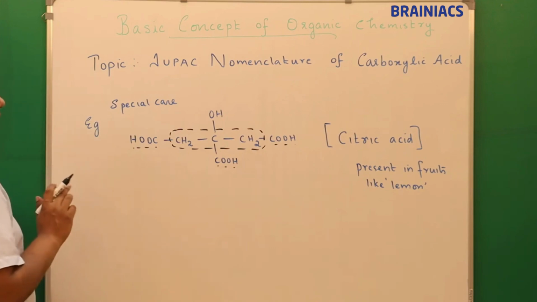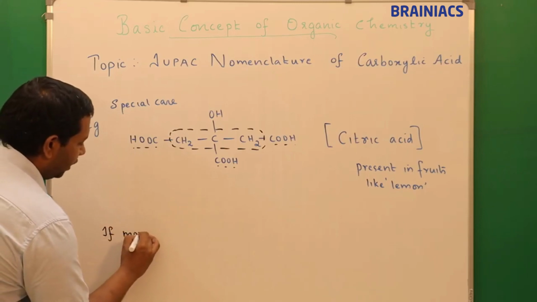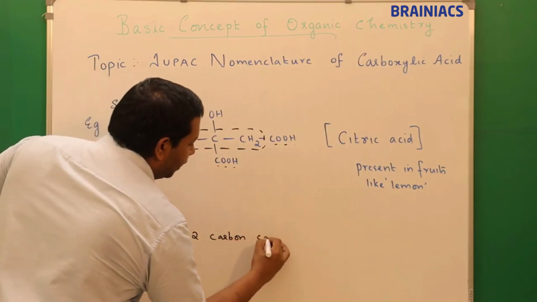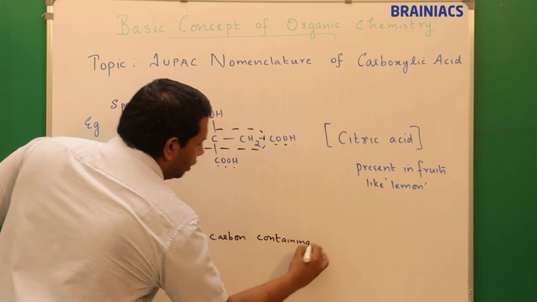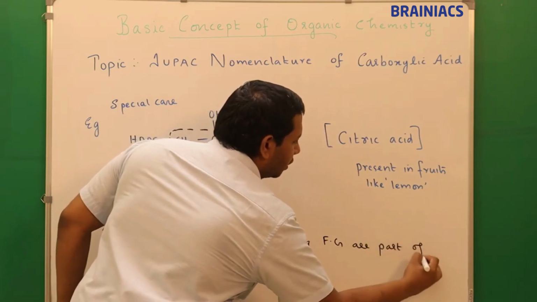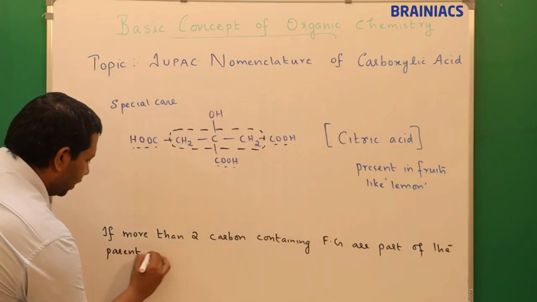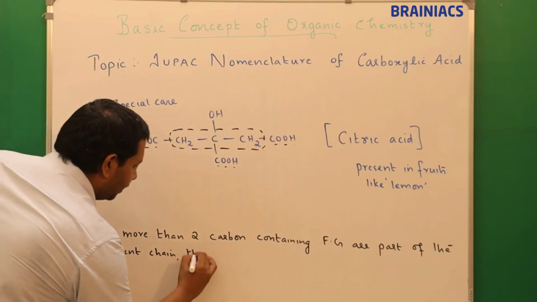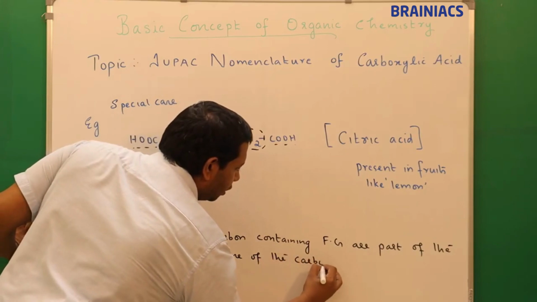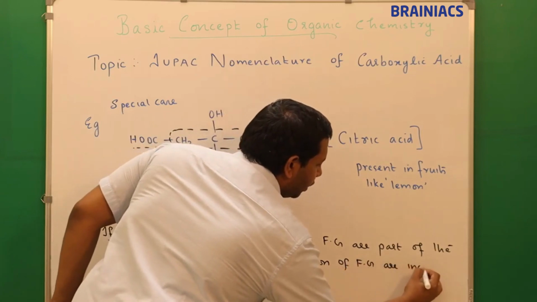Okay, so I will write that rule. If more than 2 carbon containing functional groups are part of the parent chain, then none of the carbon of the functional group are included.